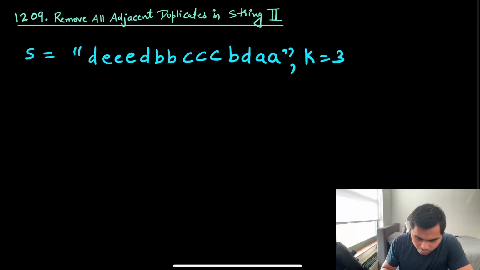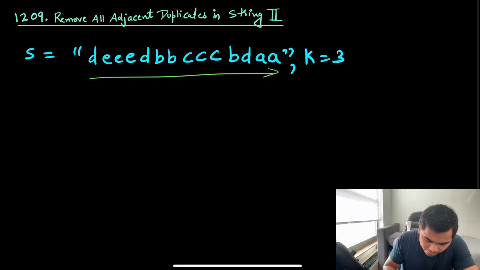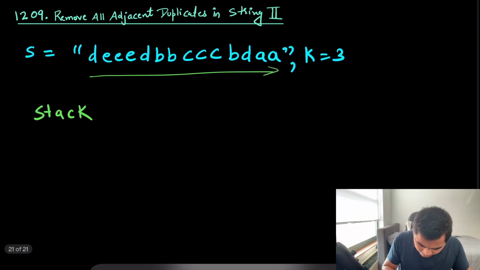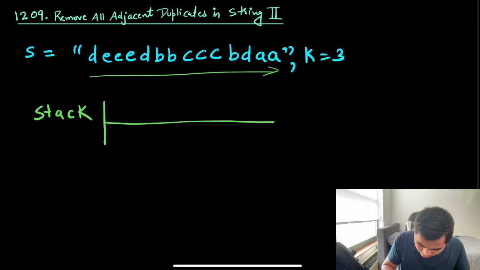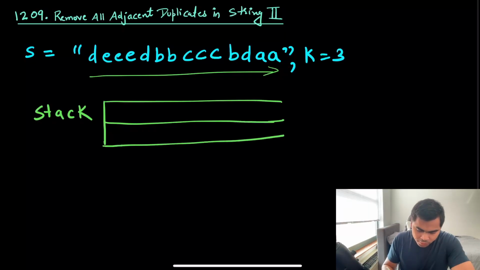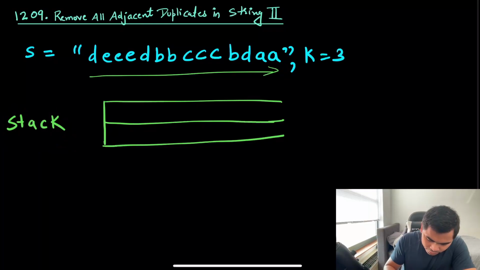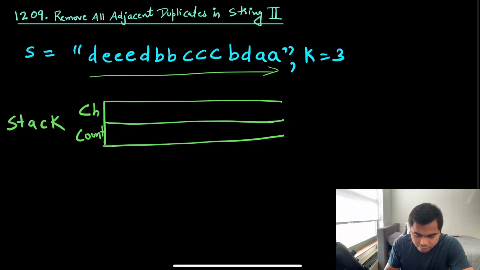So how about we traverse our string from left to right, and in our stack we store two values: the character, CH, and then the count, COUNT, of that character adjacent.